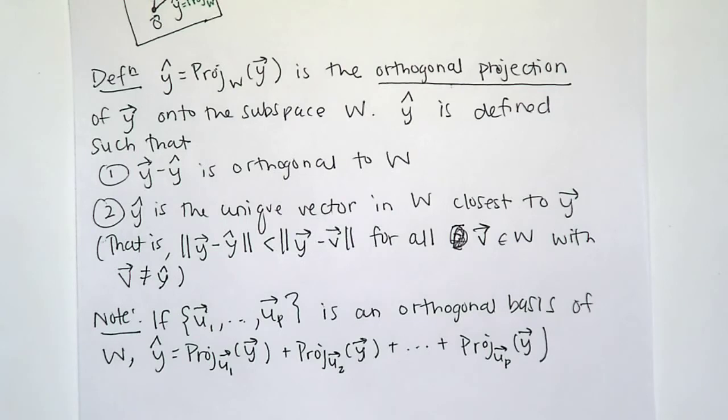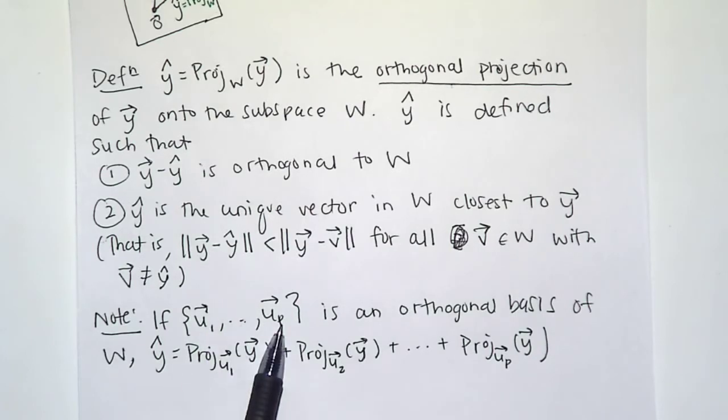All right, so this gives us a way to define the projection of a vector onto a whole space. You first need an orthogonal basis of the space and then project our vector y onto each one of the basis elements and add that together. And that's going to be y hat.